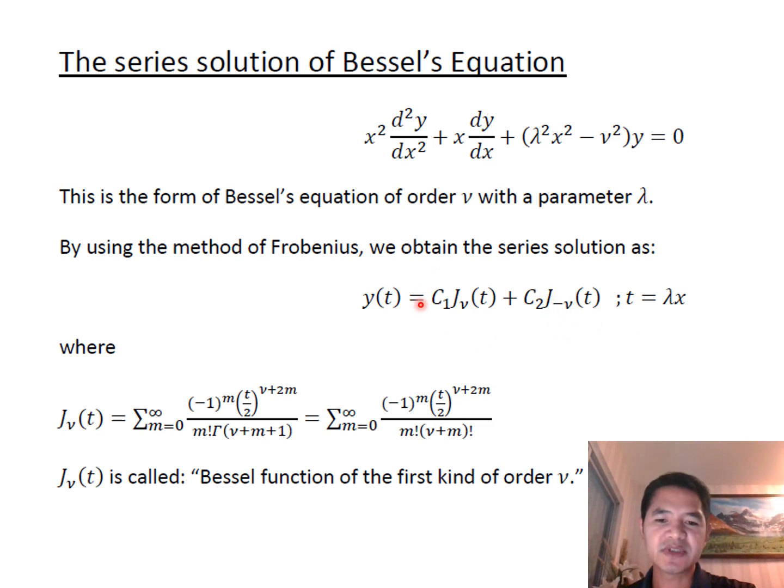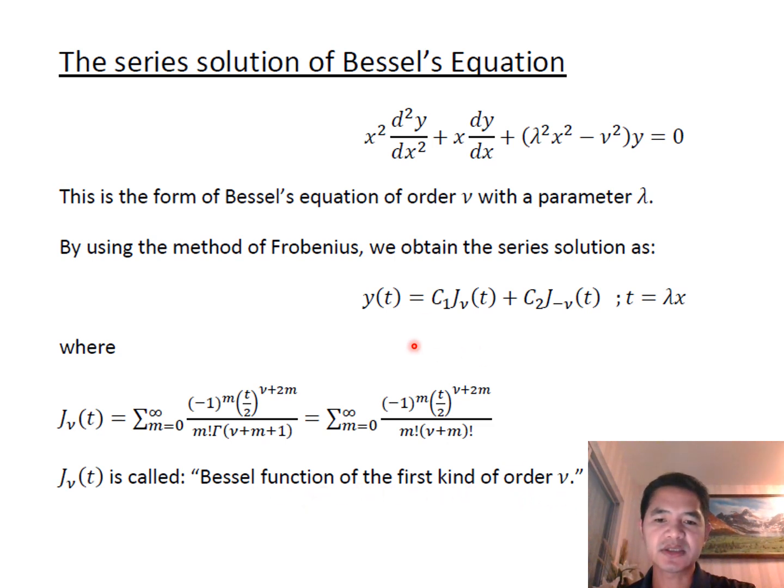Okay, this is similar to the answer for the Frobenius method. And J nu and J minus nu are this one. J nu of t is equal to this form, which I'm not going to read to you. This is Bessel's function of the first kind of order nu.